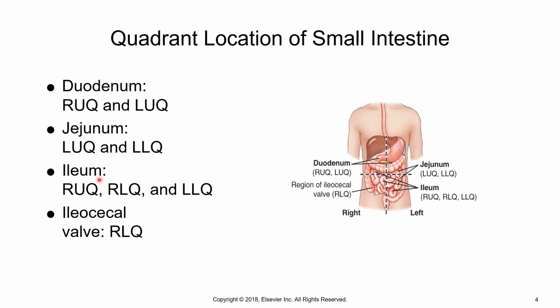And then the ileum is the last section of the small intestine, and notice the spelling I-L-E-U-M versus I-L-I-U-M, like in the pelvis. That makes up 3/5 of the small intestine. And then once it gets to the terminal portion of the ileum, it passes into the cecum, through the ileocecal valve, which is found in the right lower quadrant.